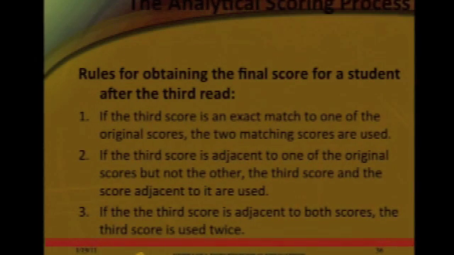Okay, let's look over here on the dot cam on that. So let's say that one rater gave straight 3s, and the other rater gave this paper a 1. Okay? So they're not in agreement, and they're not even adjacent. But the 3rd reader reads that paper, and their determination is that that paper scores at a 2.